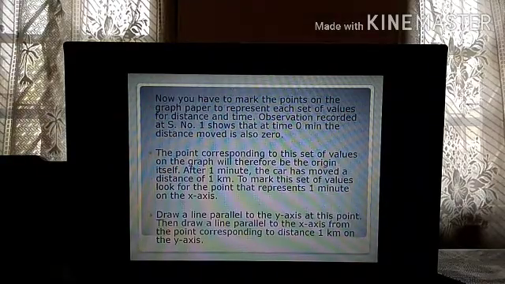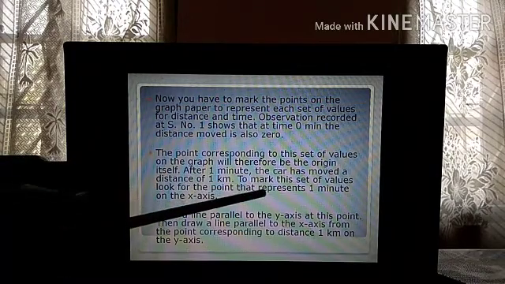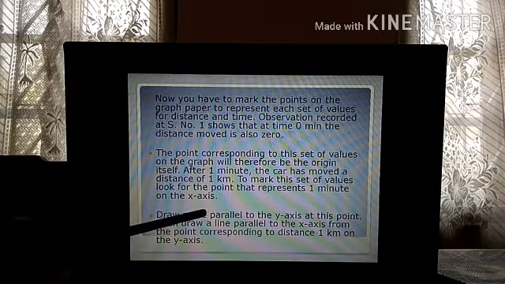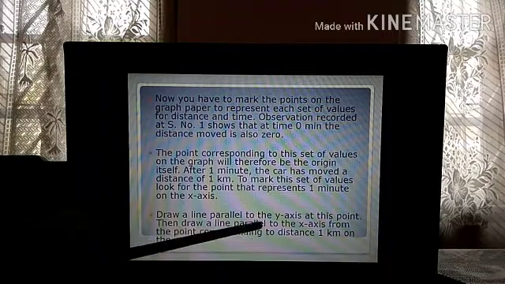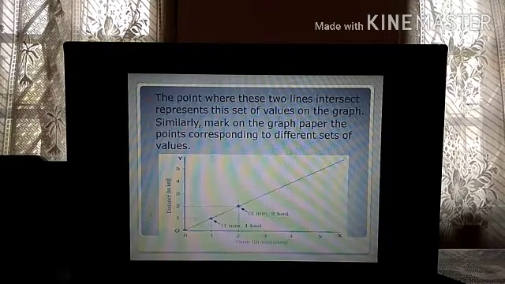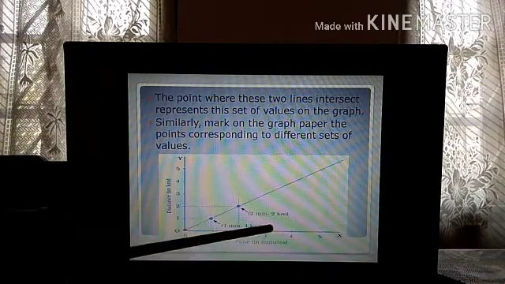The point corresponding to the set of values on the graph will therefore be the origin itself. After 1 minute, the car has moved a distance of 1 kilometer. To mark this set of values, look for the point that represents 1 minute on the x-axis. Draw a line parallel to the y-axis at this point, and draw a line parallel to the x-axis from the point corresponding to 1 kilometer on the y-axis. Suppose you have drawn this graph, marked like this 1, 2, 3, 4, 5.